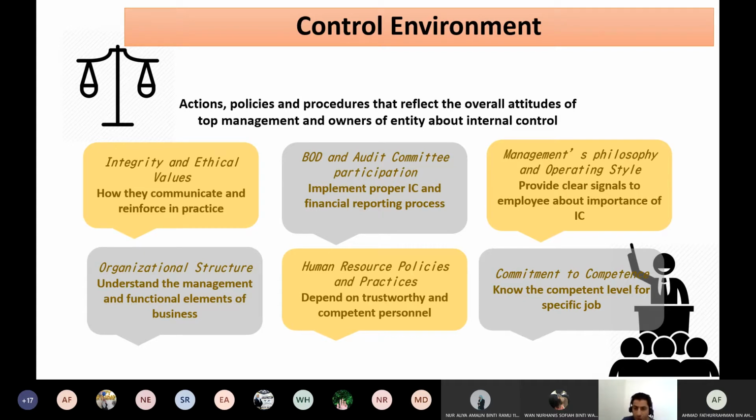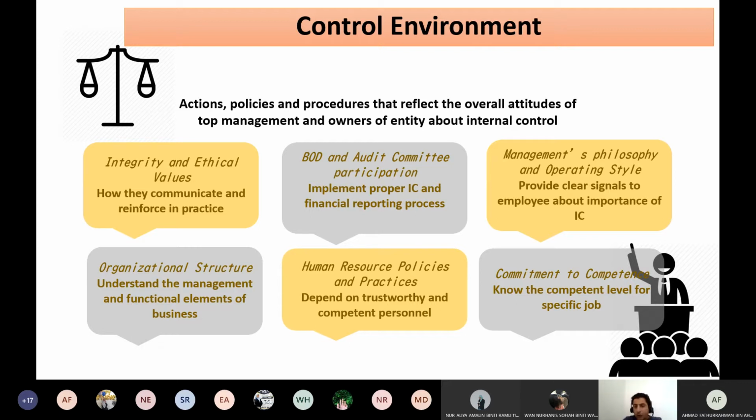The first objective is enhancing the reliability of the financial statement. Second is enhancing the effectiveness and efficiency of the operation, and third is ensuring the compliance of the rules and regulations. So if the management have that in mind, they will invest more in the internal control.